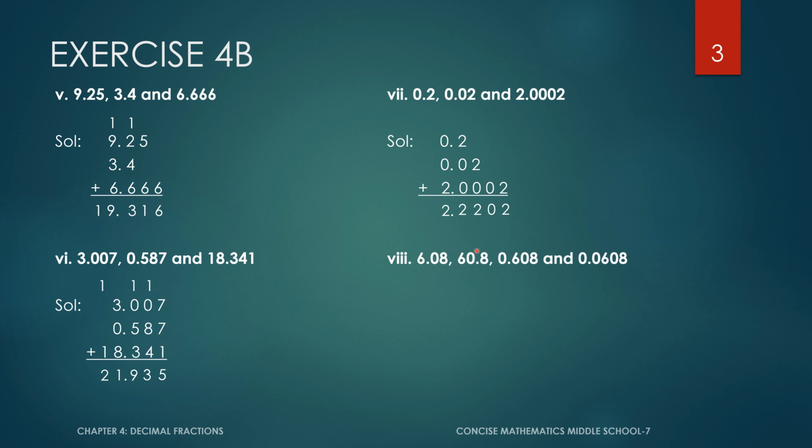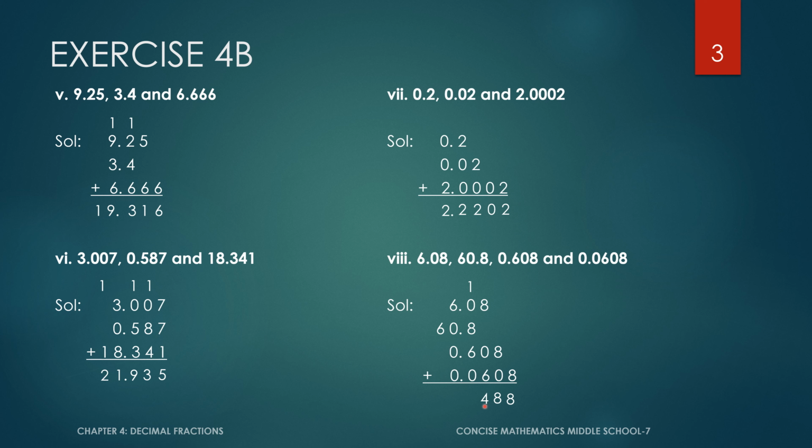Let's move on to the eighth one. Even here they have given the 4 decimal fractions. Just write down 4 decimal fractions as per the point. See, all the point comes under each other, underneath each other. Now just start adding it. So it will be 8, and even here it will be 8, and here 8 plus 6 will be 14.